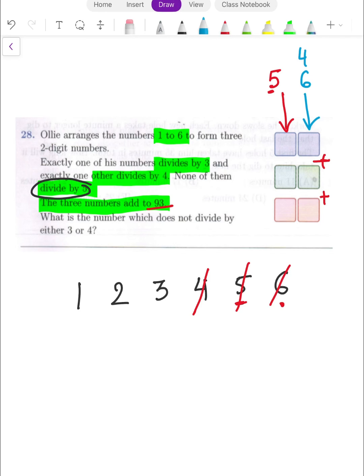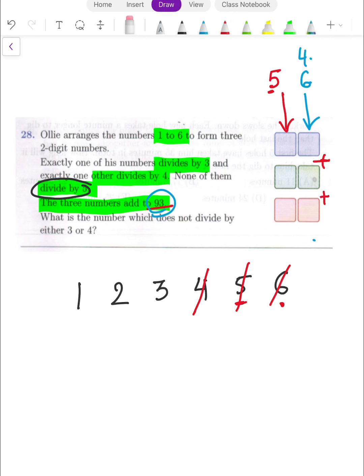Now, if 4 is done, what else do we have? Because we have to make 93 here, and I already see there's a 6 and a 4, that is 10. That means from this column there would be an exchange to the tens column. Now this, of course, is a lot more thinking, a lot more processing. This is question number 28, and it is worth 8 marks. So there has to be a lot of processing going on in your brain to find out the answer. It's not easy, of course.